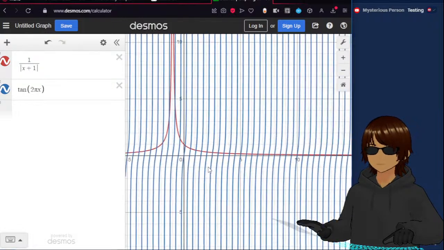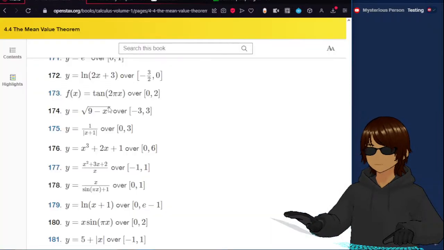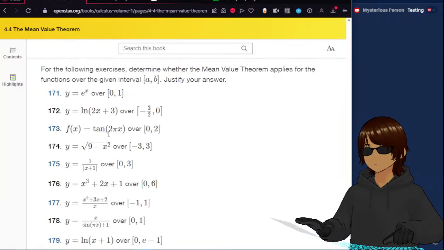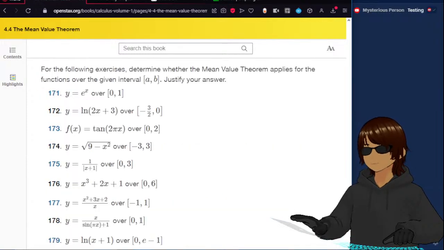Between 0 and 3, this is true. It's true, false, true. I don't want to do the rest. Yes. False, yes. Okay.